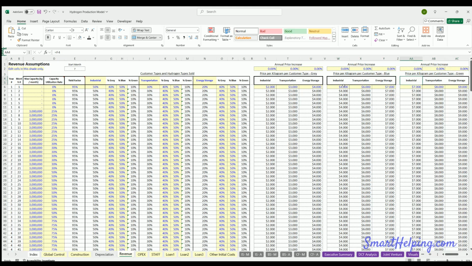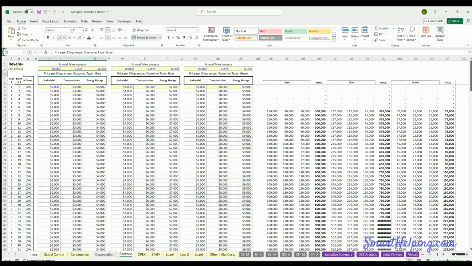Green, three types. Now these prices you can set at the beginning and then set an annual price change. You could manually change these columns if you wanted. Right now I've set everything to 0% increase for revenue and cost, but let's say you put in 2.5% here, then every year the price will go up by 2.5% for this one. Put this back to 0.